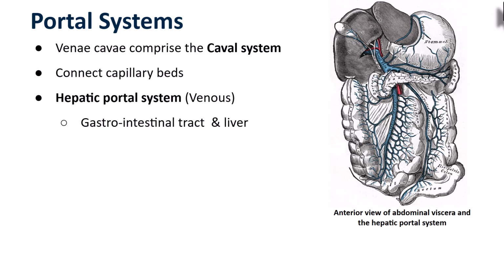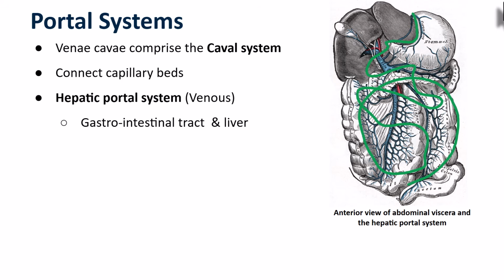Recall that a portal system is any vessel connecting two sets of capillary beds, and that the caval system is all of the tributaries of the superior and inferior vena cava, returning blood back to the right atrium. The hepatic portal system specifically is a venous portal system that collects all of the blood from the gastrointestinal tract.